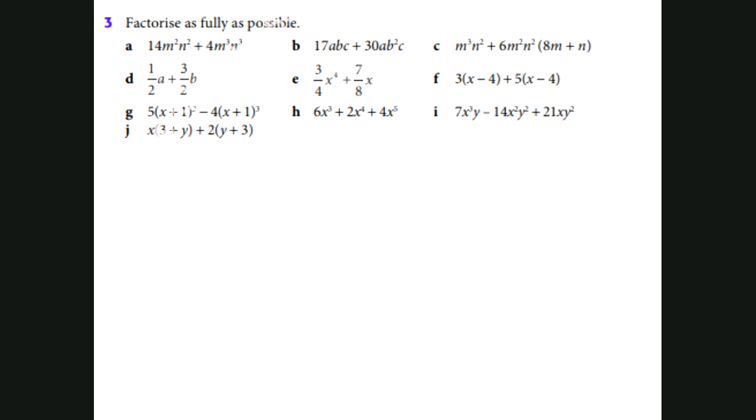Okay, D part is a little bit different. Let me take out, we will see how can we solve it. 1 over 2a plus 3 over 2b. Now a and b, there is no relation, so I cannot take out as a SCF.